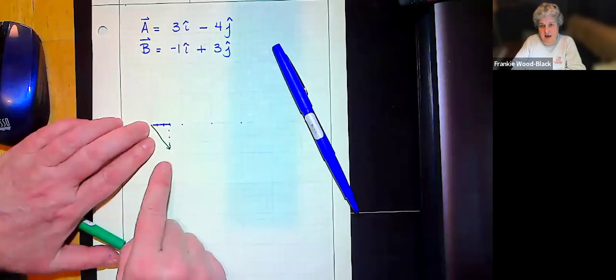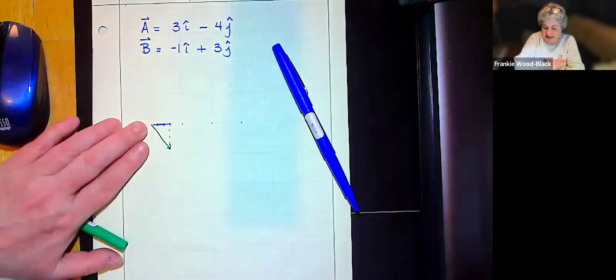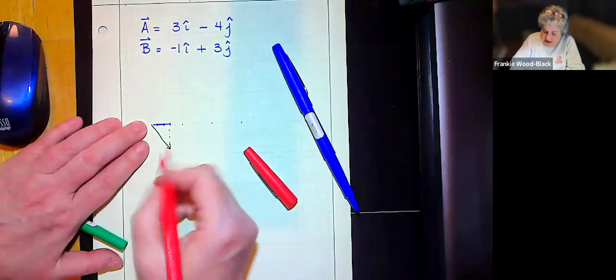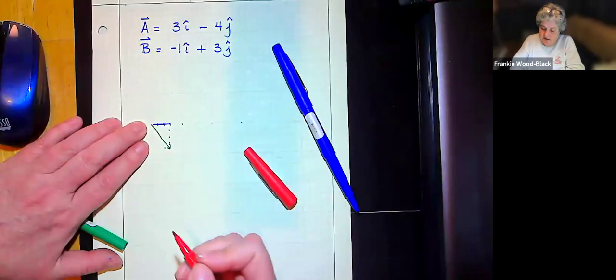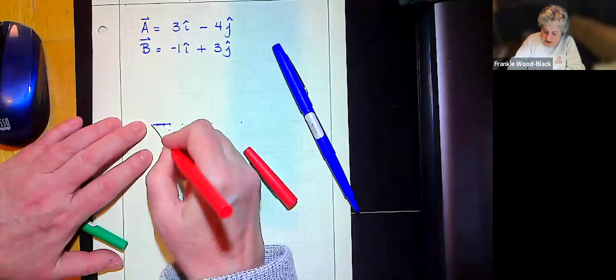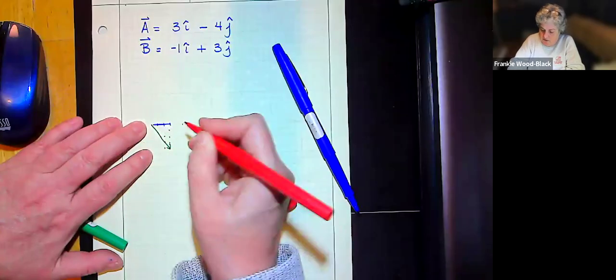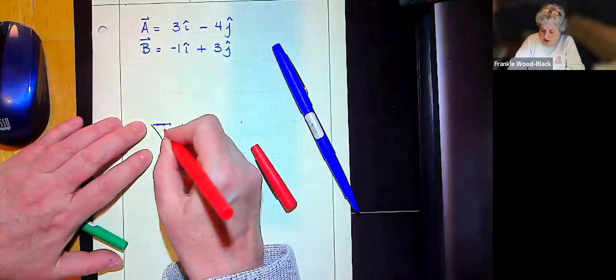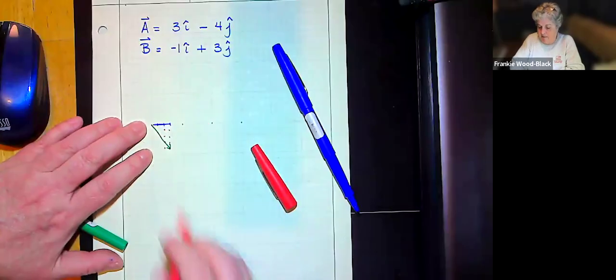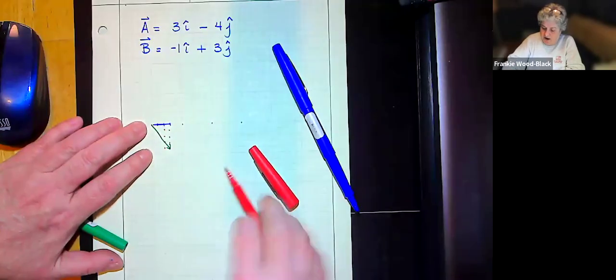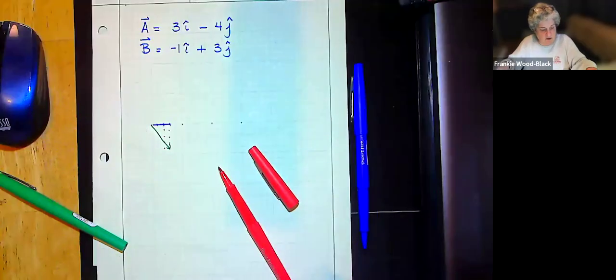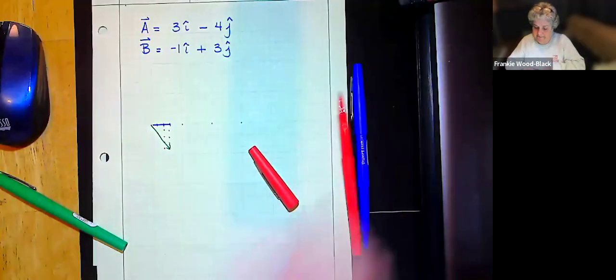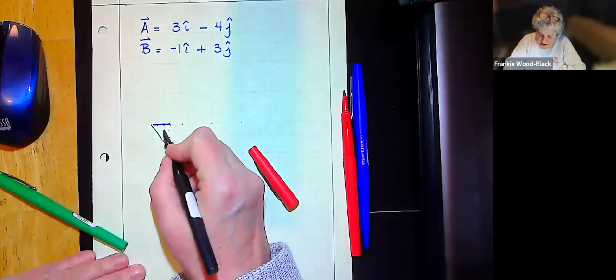But vector B, we're going to add it head to tail. So it says it went -1, but it went +3. 1, 2, there's 1, 2, 3. So I'm -1 and 3. So my new vector, I'm going to use my black, is up here.